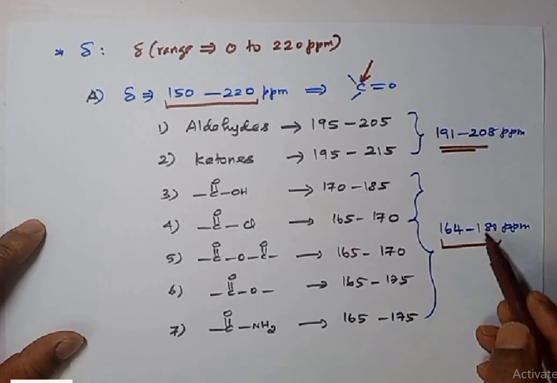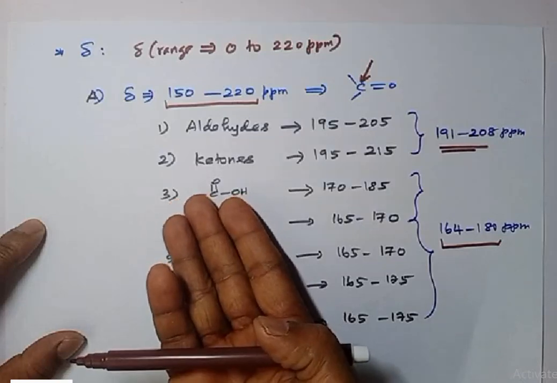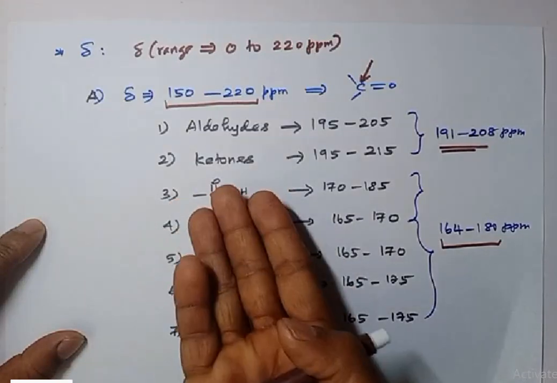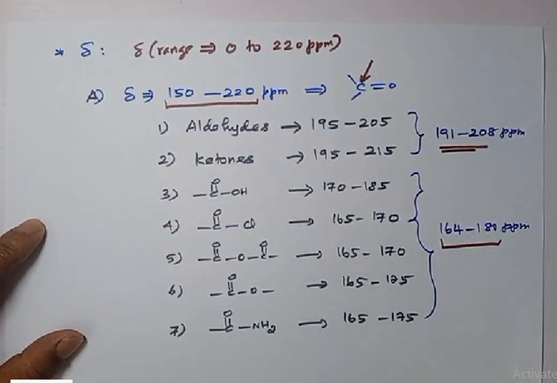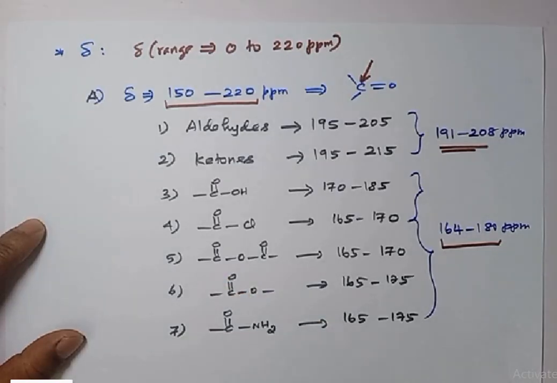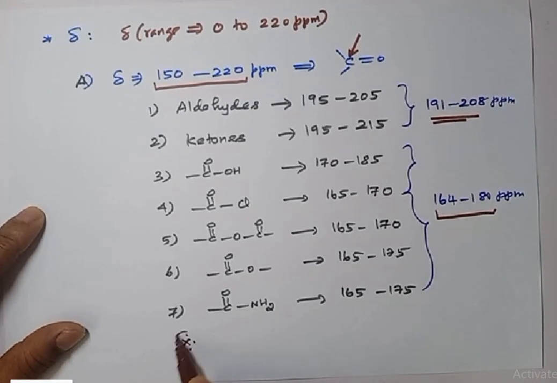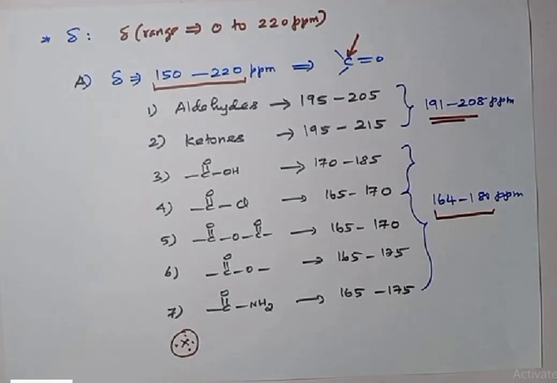In this range, if you get a signal, it may be a carboxylic acid, acid halide, anhydride, ester, or an amide. Observe this carefully, very important. Using C13 NMR, we cannot distinguish. It's a very, very important point. Identifying acid derivatives by C13 NMR is difficult.